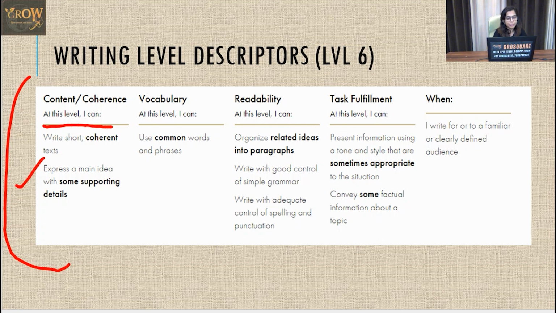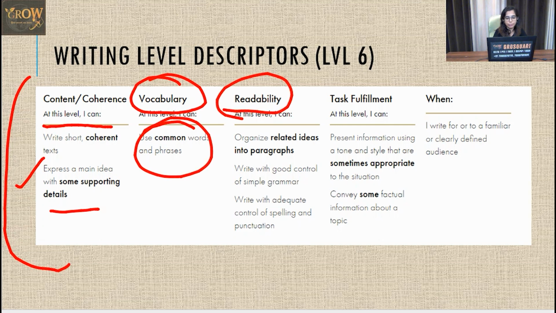Then, express a main idea with some supporting details. In vocabulary, we are using just common words. In readability, at this level, we have to organize related ideas into paragraphs and write with good control of simple grammar. So this is the main problem. They have used simple grammar, but if we were using complex grammar, then obviously we would get a better band score, a better CLB level, I would say, right?